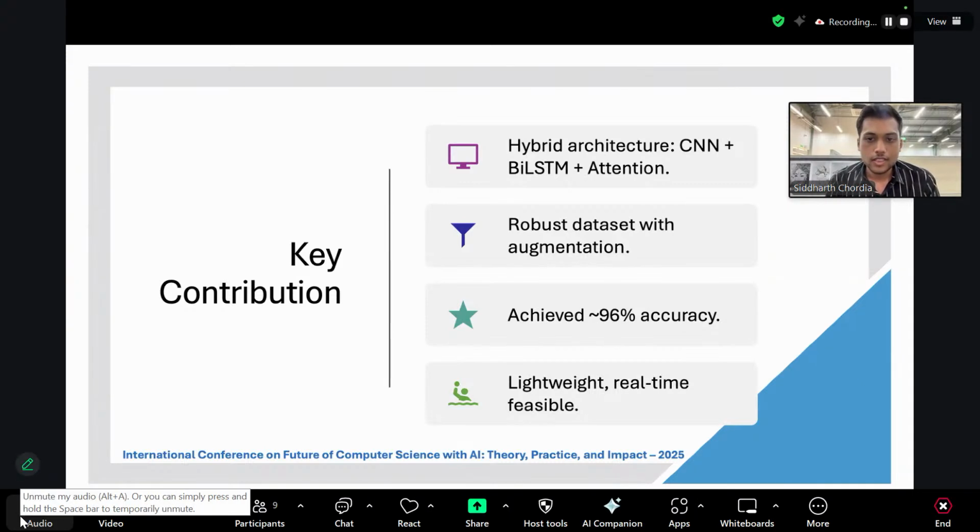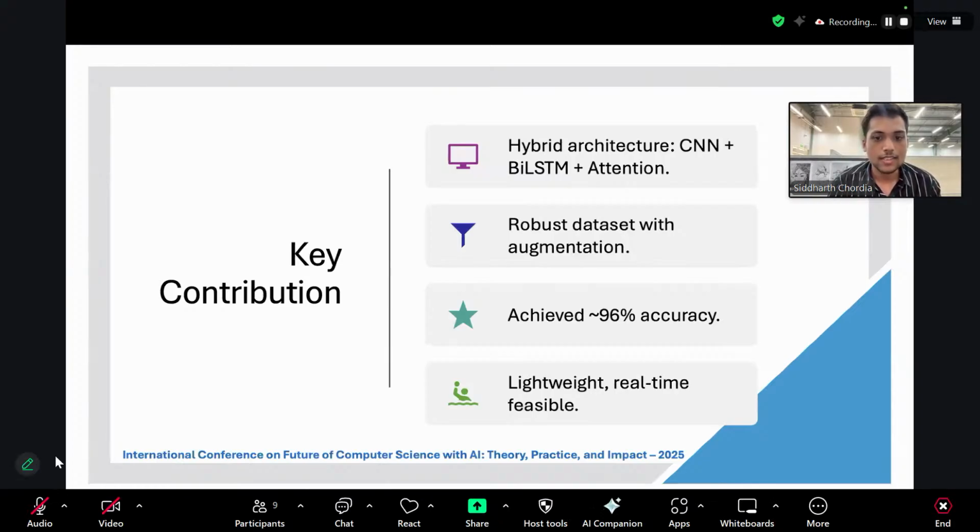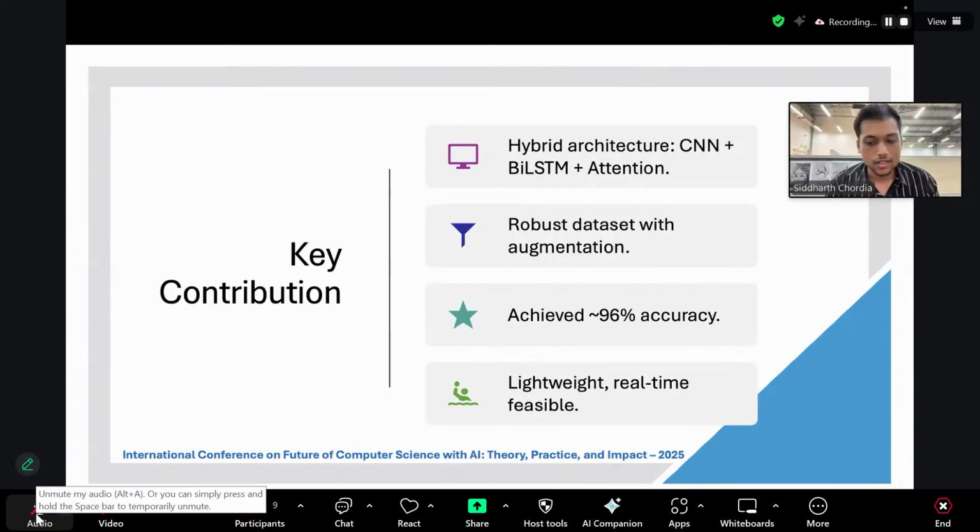We have created a robust dataset with augmentation and achieved 96% accuracy, which is already higher than the state-of-the-art models. And this model is very lightweight, and it can eventually work on smartphones, tablets, and other lightweight laptops also. It doesn't need heavy GPUs to process.